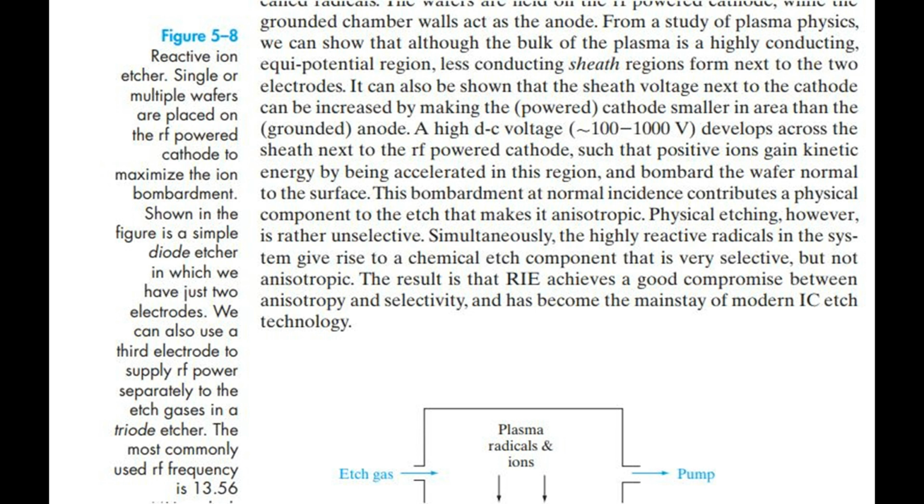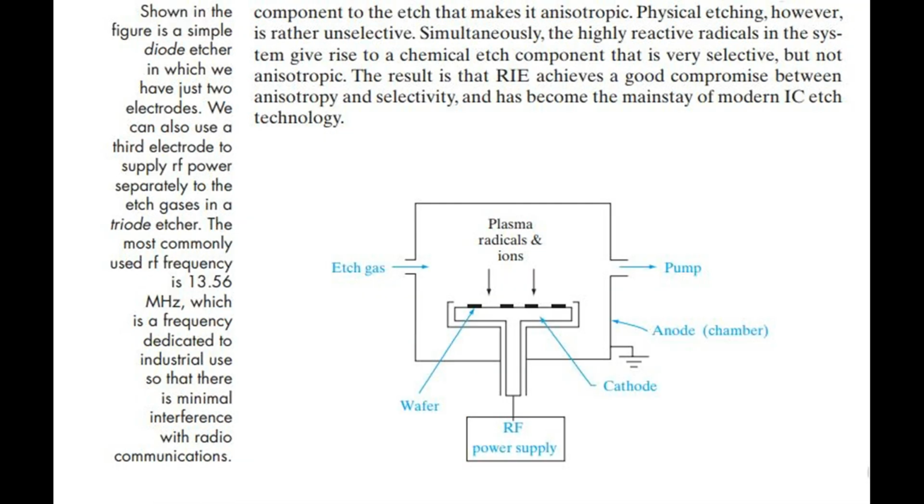A high DC voltage, 100 to 1000 V, develops across the sheath next to the RF powered cathode, such that positive ions gain kinetic energy by being accelerated in this region, and bombard the wafer normal to the surface. This bombardment at normal incidence contributes a physical component to the etch that makes it anisotropic.